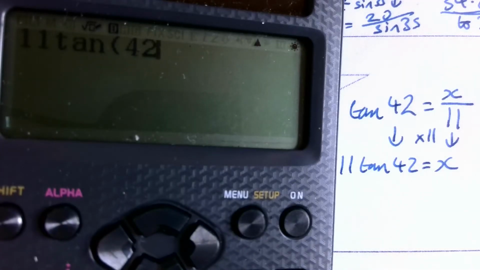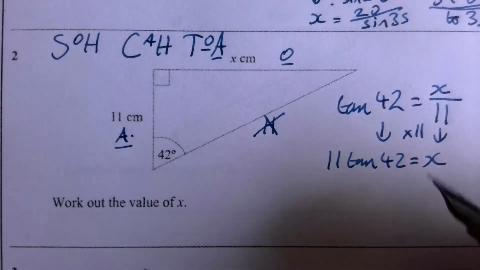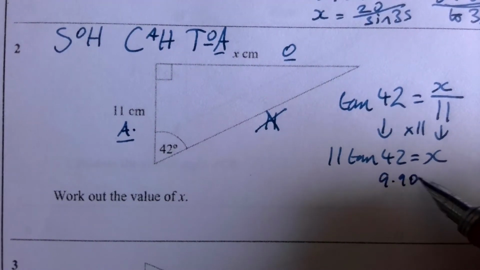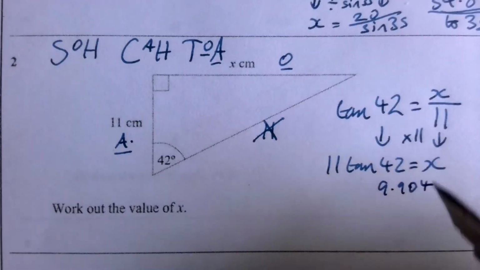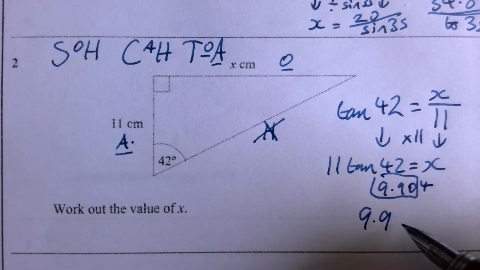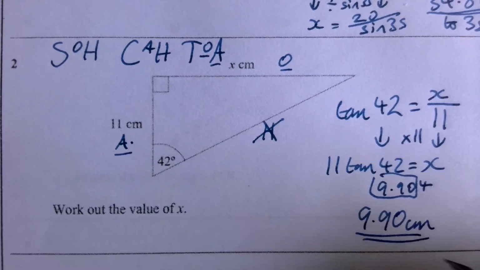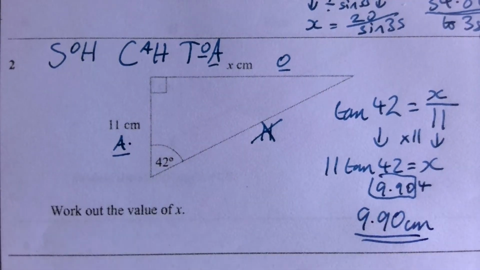Make sure you close the bracket on the 42 degrees, press equals, and you get 9.904, rounded to 3 significant figures, 9.90 centimeters. So we're going to do all of these to 3 significant figures since I haven't said otherwise.